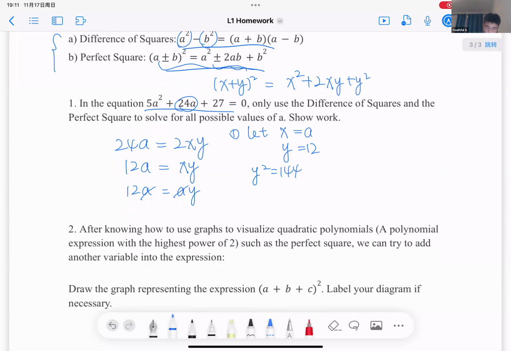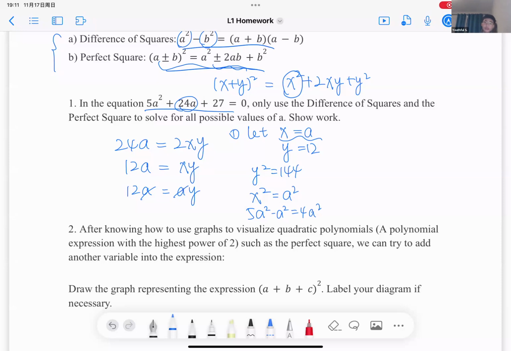And because x equals a, x squared in this case is a squared. So if you have 1a squared, what's left is 4a squared. Well, there's no problem in there, because 4a squared is (2a) squared. We can also put in the difference of squares.